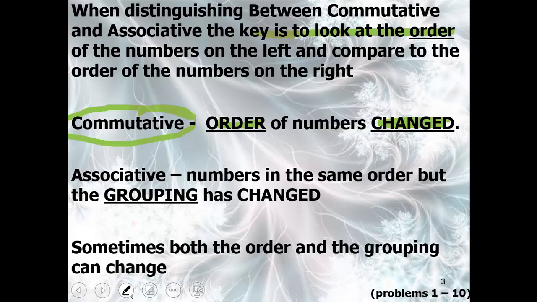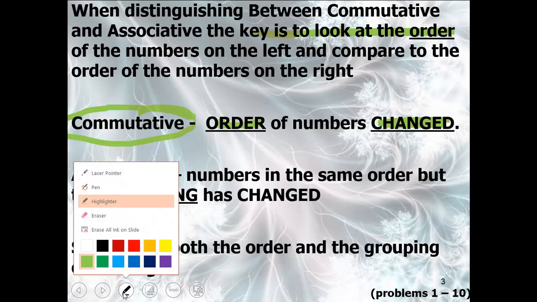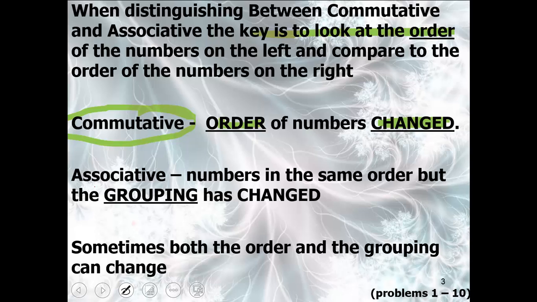So, for instance, 8 plus 5 plus 2, if that is set equal to 2 plus 5 plus 8, notice that the order of my digits has changed. The order of my terms has changed. 2 was last here, now it's first here. So that means I've used the commutative property. I can change the order that they appear, okay?